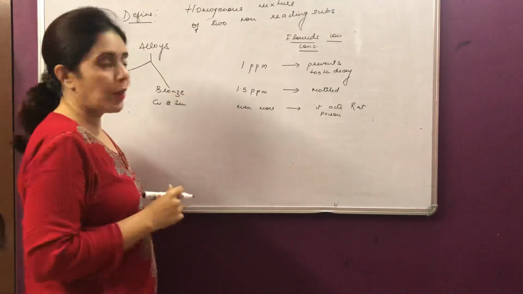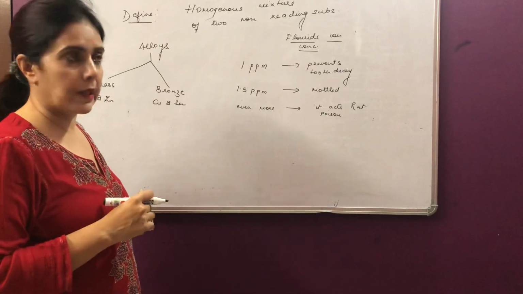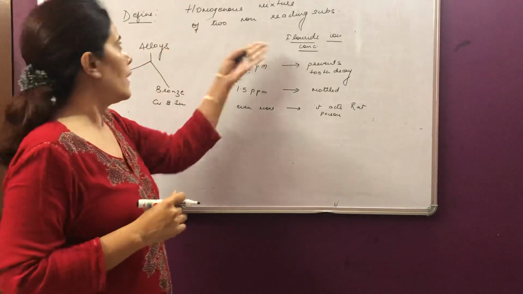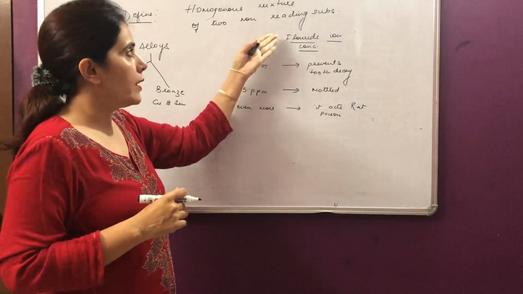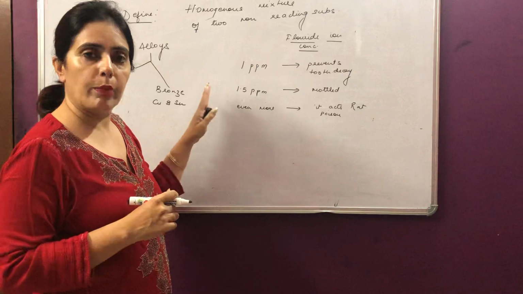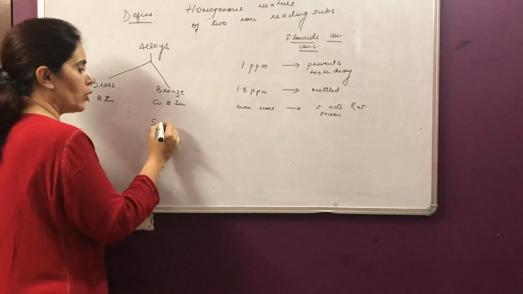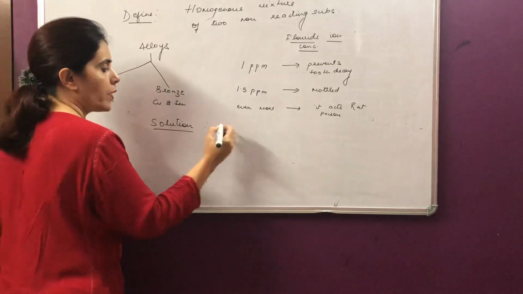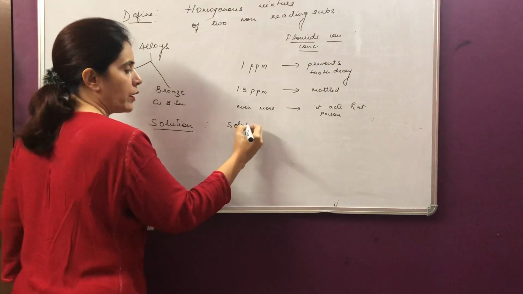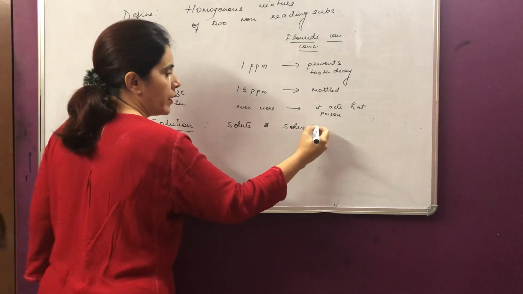So what have we read up till now? That solutions are homogeneous mixtures of two non-reacting substances. If we read solutions, definitely we are going to read about concentration, and this is the example of importance of concentration. Now what does solution consist of? Solution consists of two things, solute and solvent.